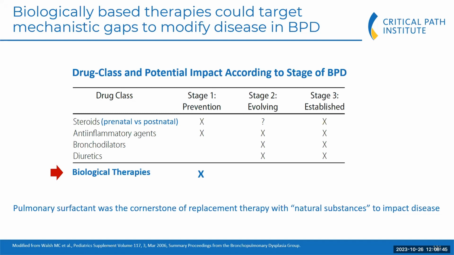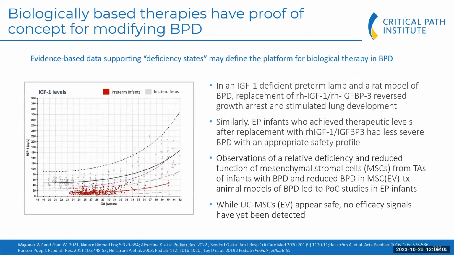There may be deficiency syndromes that impact the lung and other organs of these infants. So this is work from Michelle Walsh, and we're going to add biological therapies here. And this is where pulmonary surfactant started the story and really is the gold standard replacement therapy.